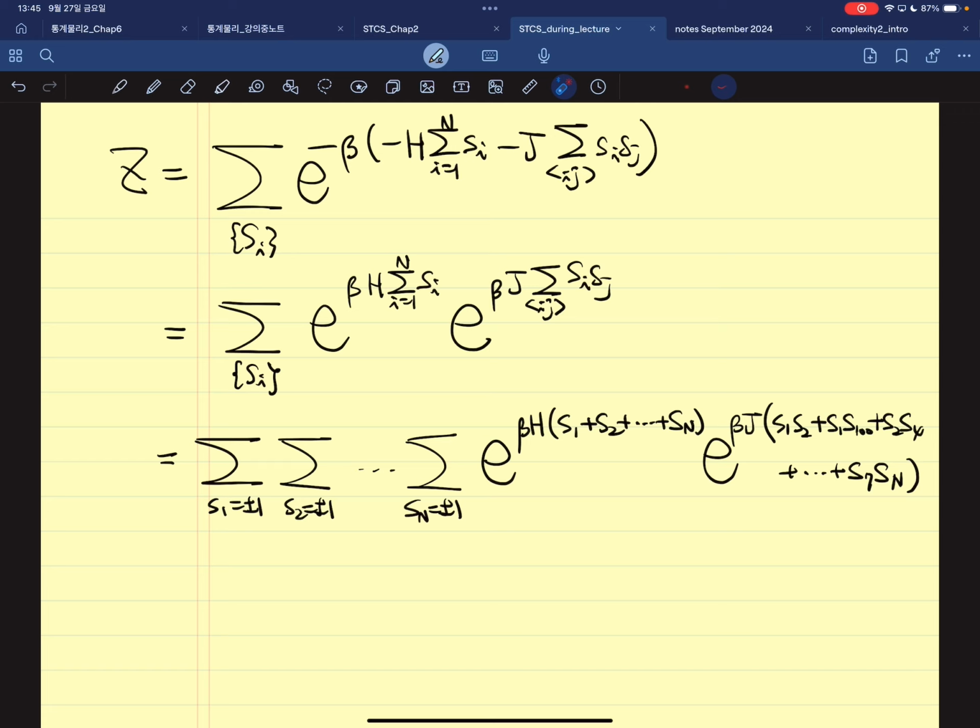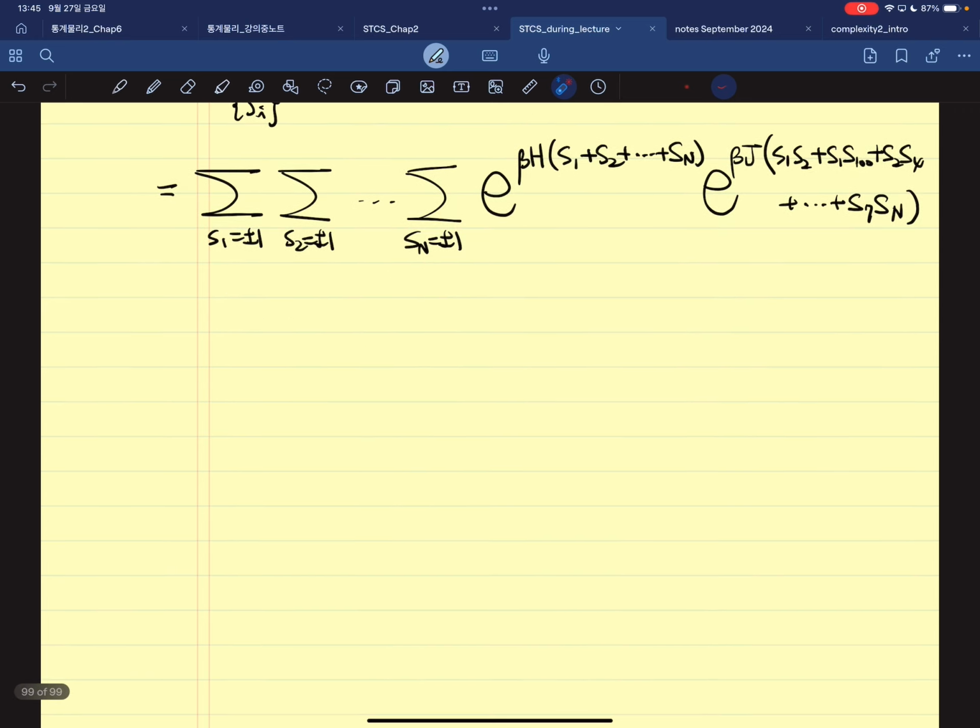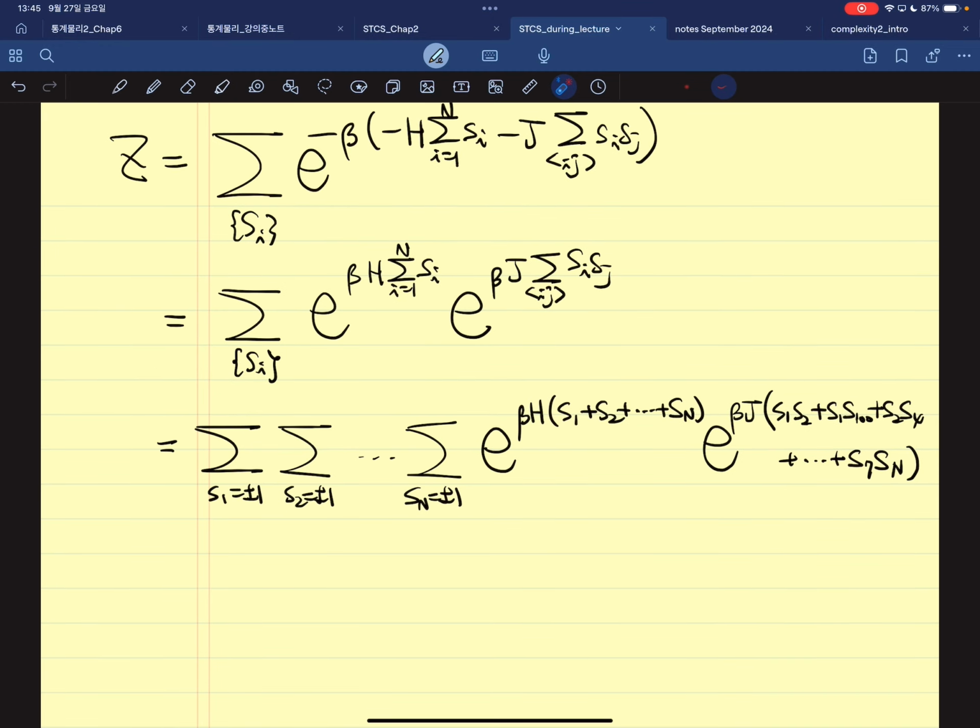So for the first exercise, we consider systems of non-interacting spins.